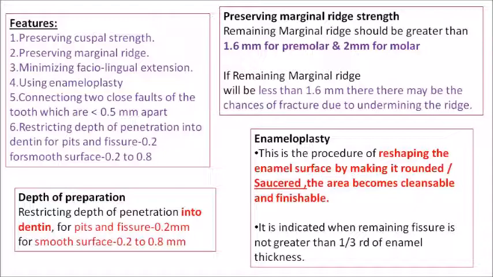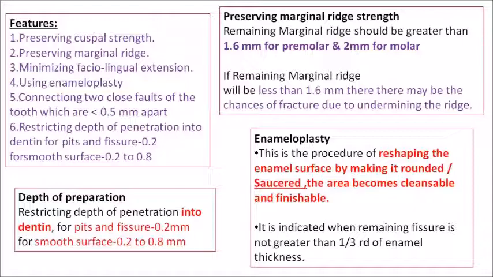So the remaining marginal ridge should be greater than 1.6 mm for the premolars and 2 mm for the molars. If remaining marginal ridge is less than 1.6 mm, okay, there may be the chances of fracture due to undermining of the ridges, okay. So to avoid these fractures, we should always have 1.6 mm for the premolar and 2 mm for molars as the marginal ridge which is preserved.